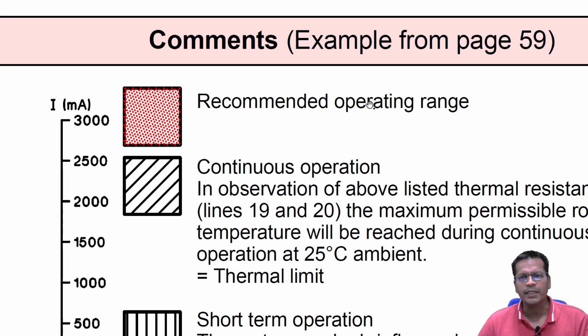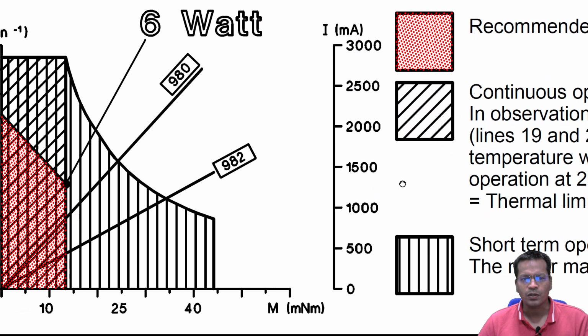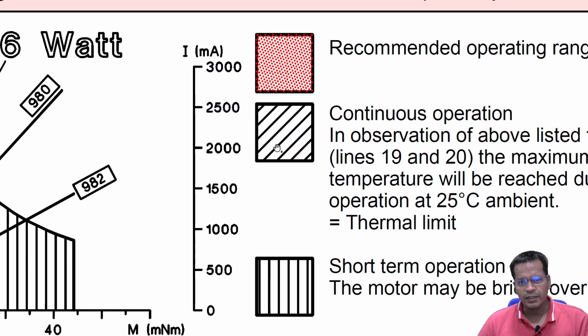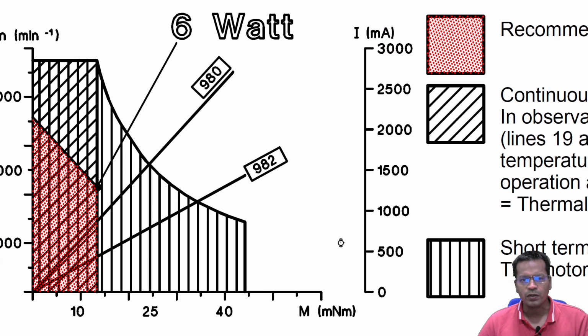What is this? This is the recommended operating range where we are interested. We are not interested in other regions. The other region is this one, short term operation. Yes, you can work in this region also. This is for higher torque if you desire to take as an output. So this region also is okay, but not for a longer period of operation.